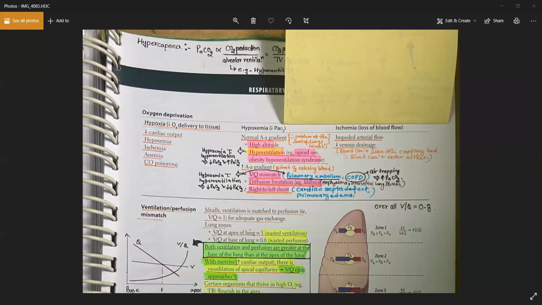In all of these other conditions, the oxygen in the alveoli is normal. It's just that the oxygen content of the blood is decreased. That can happen because of any VQ mismatch, because of any pulmonary embolism, for example, because of any damage in the diffusion barrier, for example.